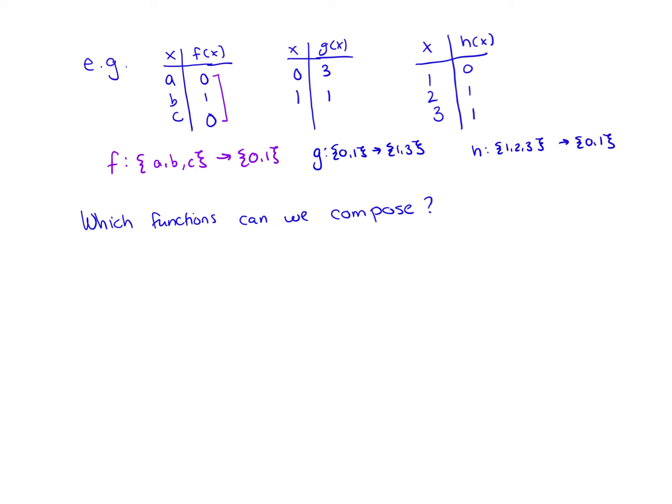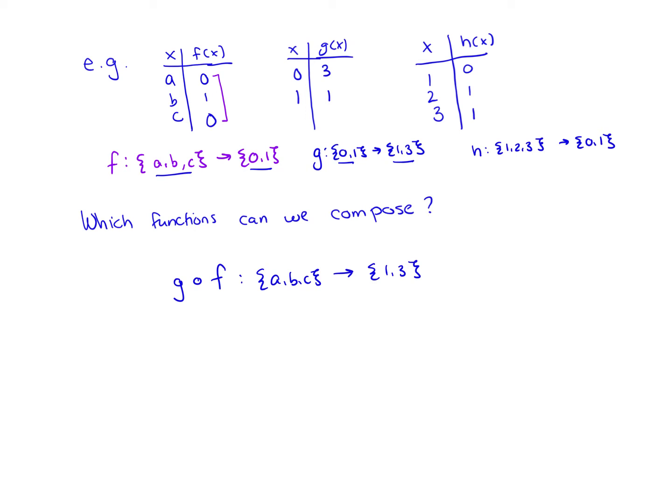So which ones can I compose? So f starts at {a, b, c}, goes to {0, 1}. g starts at {0, 1}, goes to {1, 3}. So I can do f compose g. And that will start at {a, b, c}, go through {0, 1}, and end up at {1, 3}.